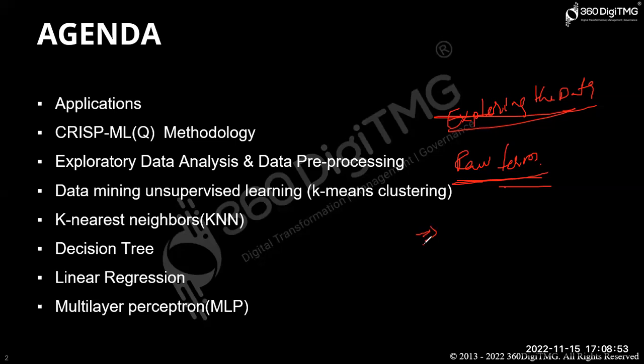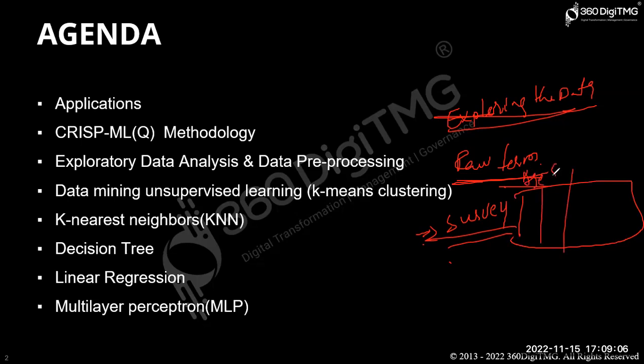Let's say you are conducting some survey. You might not get all the features you mentioned, let's say age, salary, or weight. Whoever you are asking for those details might not be comfortable sharing all of them. In that case, we will have missing values, that is NA values, where the value is not available.